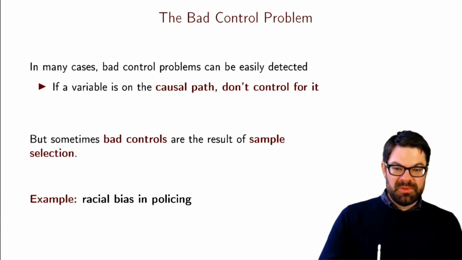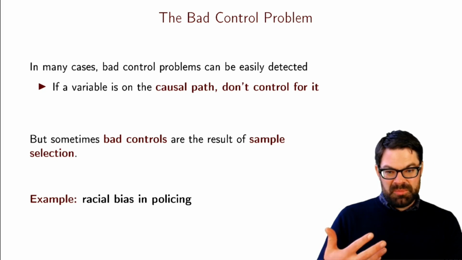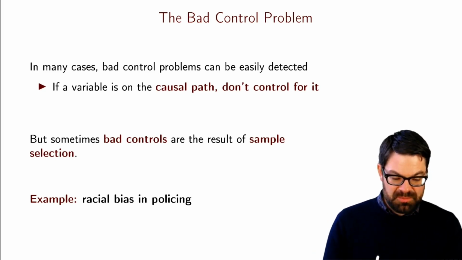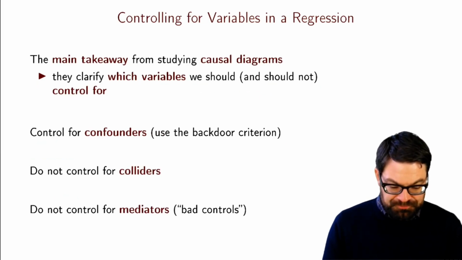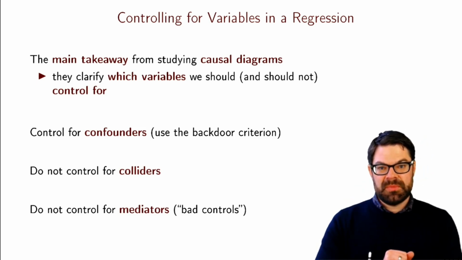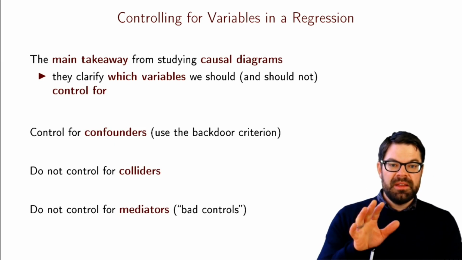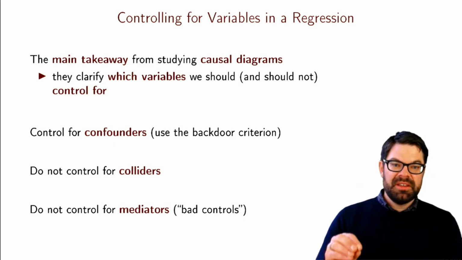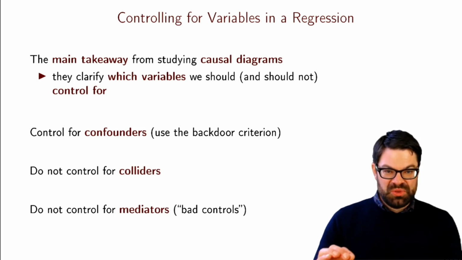But as we will see, there is a bad control problem here that is not so easy to spot. But once you have a DAG, it actually helps to make this problem transparent. So what's the main takeaway from this? The main takeaway from studying causal diagrams is they are very, very useful.